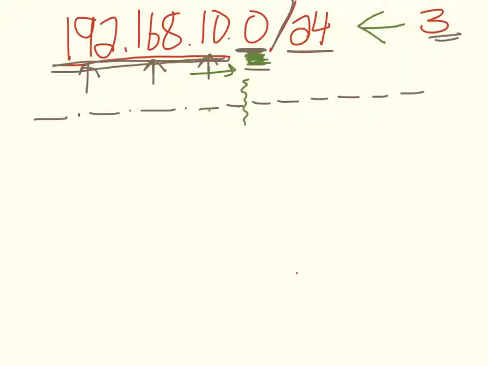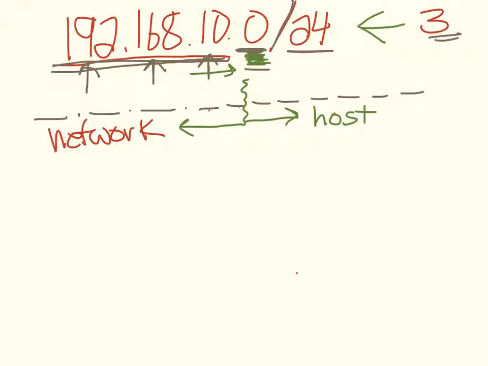So if I borrow 2 bits and make this part the new network, this part then would be my host. With 2 bits, I have 4 combinations.